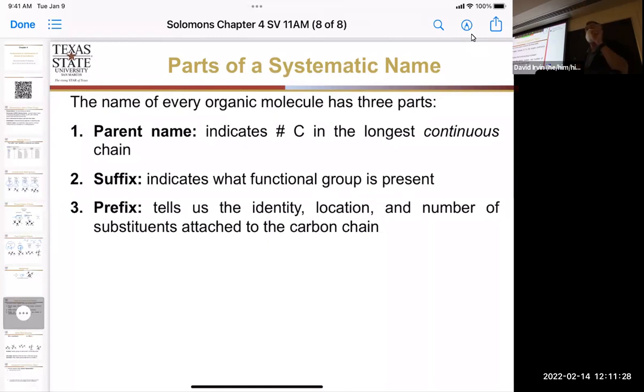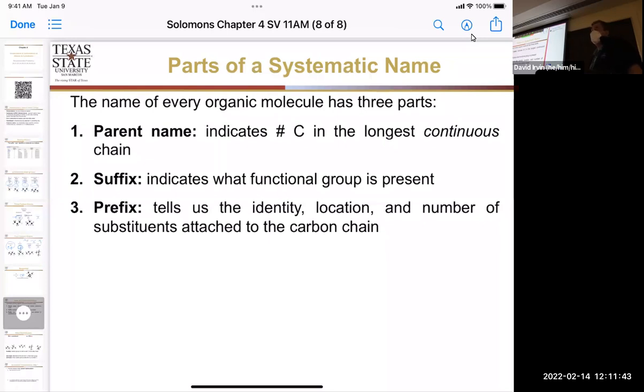Okay? So we have the parent name, which is the number of carbons in the longest chain. We have the suffix, the ANE right now. And then the prefix tells you where all of the different things attached to it are. Whether it be an alkyl chain or some other group, the prefix is going to tell you where it is.